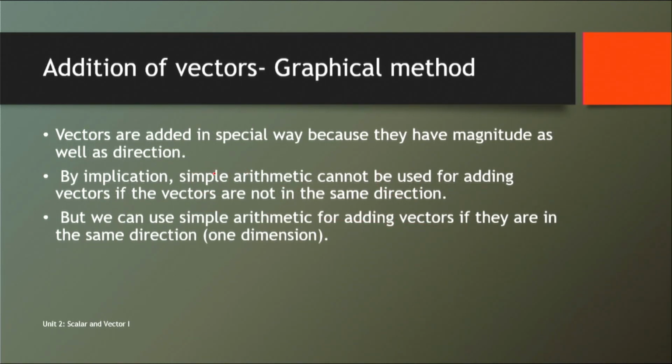Addition of vectors using the graphical method. Vectors are added in a special way because they have magnitude as well as direction. By implication, simple arithmetic cannot be used for adding vectors if they are not in the same direction. But we can use simple arithmetic for vectors if they are in the same direction. An example is a one-dimensional vector.